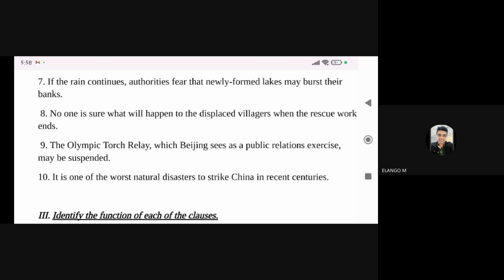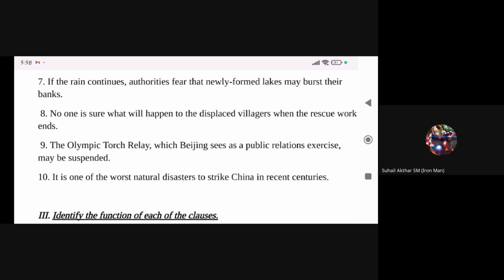Tell me. Both. Sorry, come again, I did not hear it clearly. What will happen to the displaced villagers when the rescue work ends? This is one subordinate clause, and then another one.